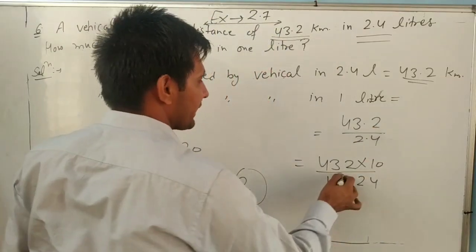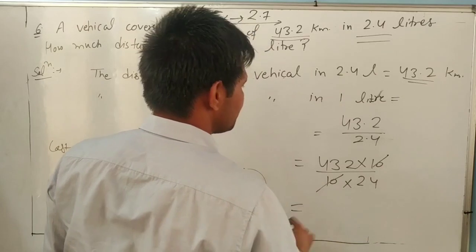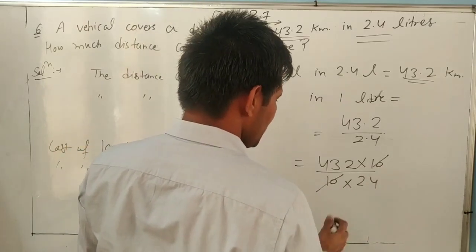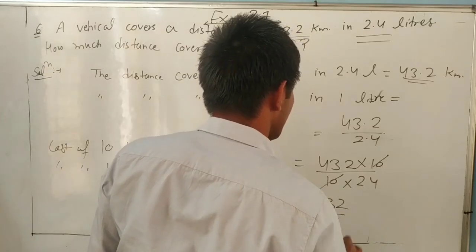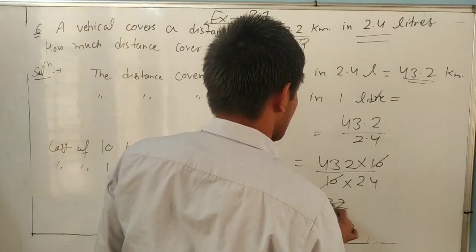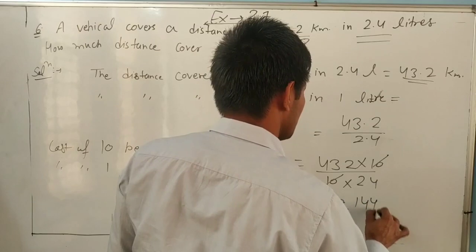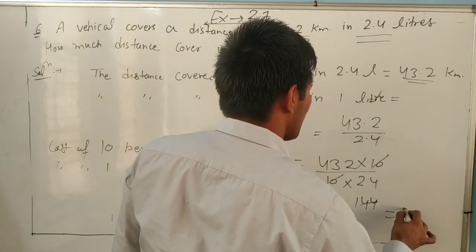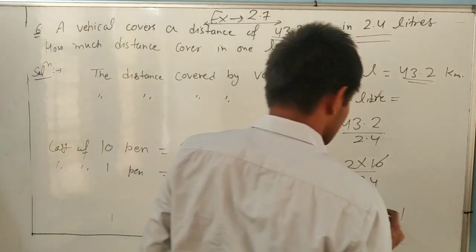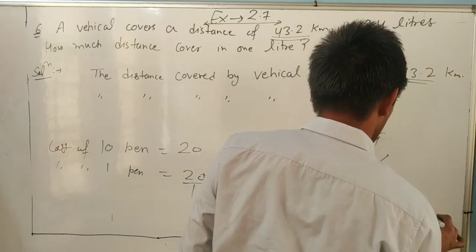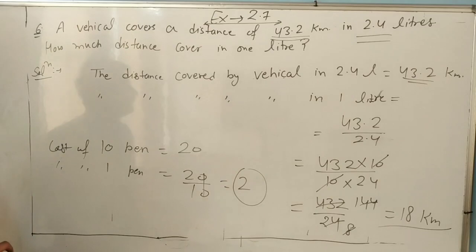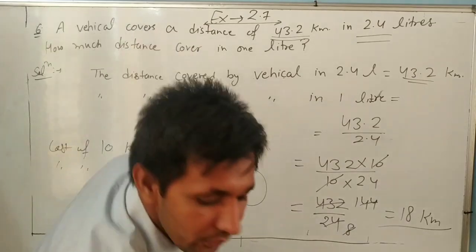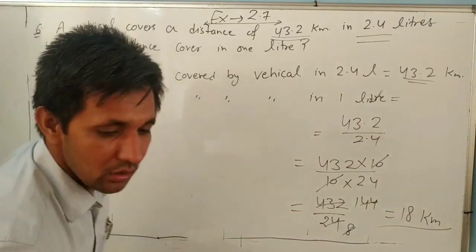Okay, 10 cancels 10. So it becomes 432 divided by 24. 24 times 18 is 432. So how much distance is covered in 1 liter? 18 kilometers.